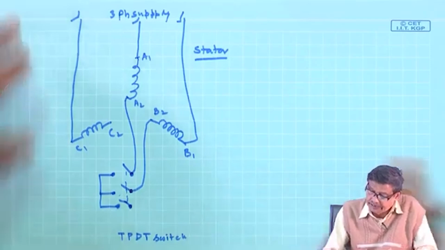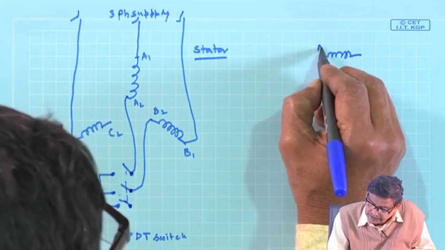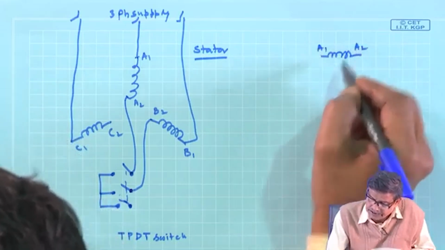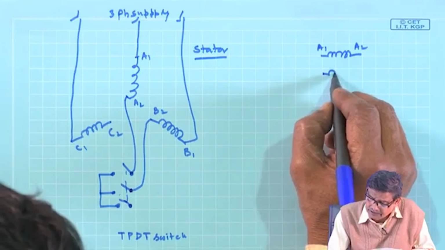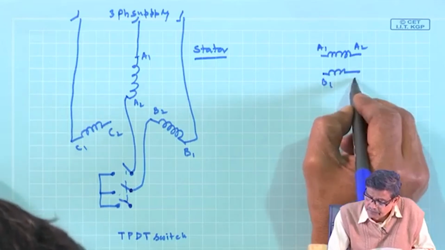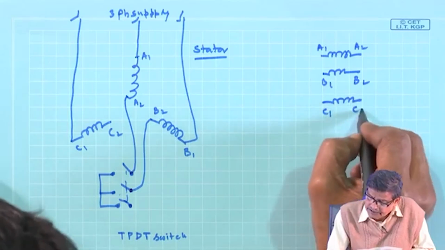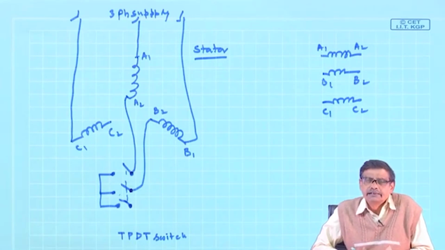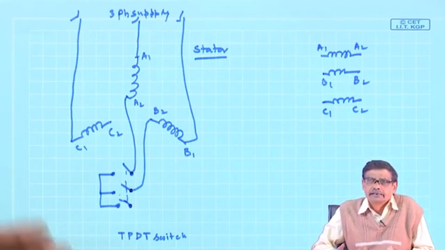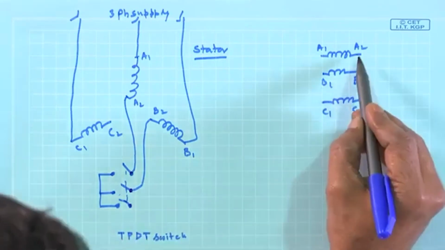And delta connection. About delta connection you should be a bit careful. Suppose 3 windings, which I am just drawing electrically, showing how you connect: this is B1, B2 and this is C1, C2. What is delta connection of these 3 elements? Delta connection, as you know, essentially means they are connected in series and closed.